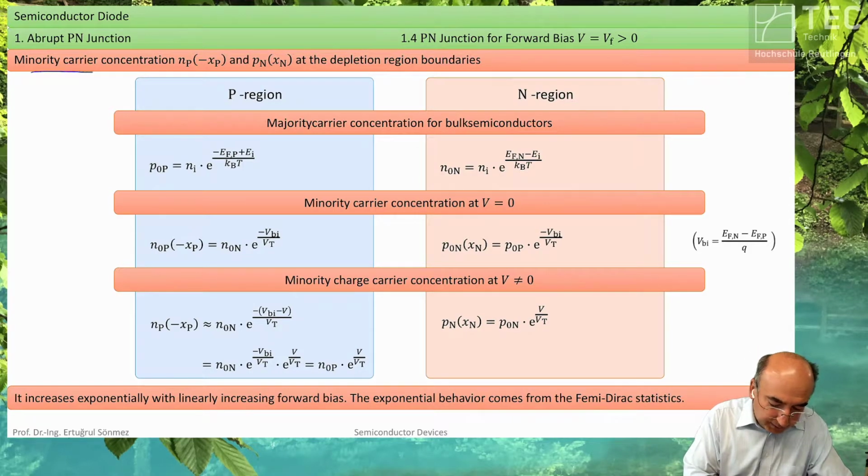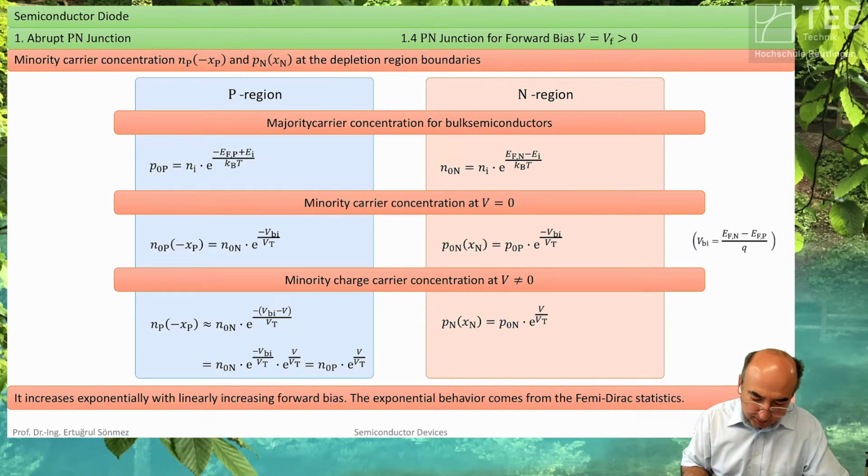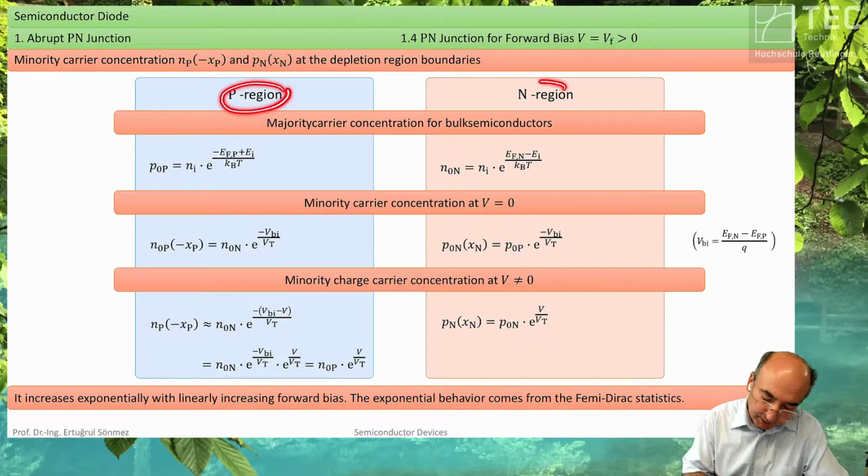The minority carrier concentration, we take here at the boundary, at the left-hand side and at the right-hand side. And then we take a closer look at what happens with these concentrations in the P region and in the N region.